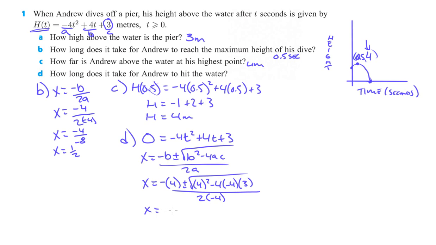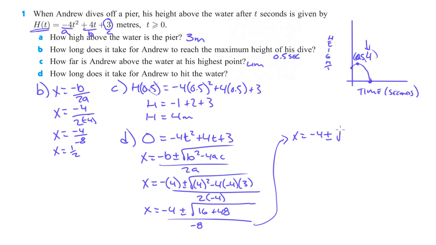Underneath the root, 4 squared is 16, and negative 4 times negative 4 is positive 16, times 3 is 48. So that turns into negative 4 plus or minus the square root of 64 over negative 8.